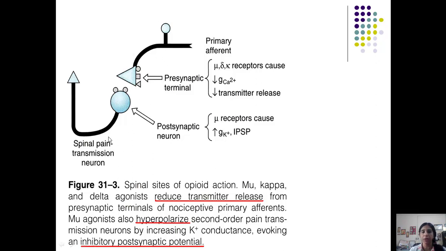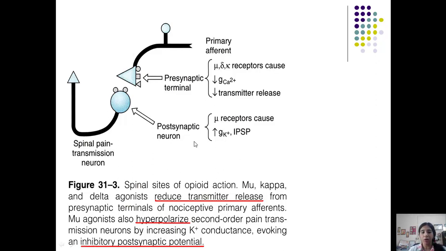This is the second order neuron, and these agonists decrease the release of the pain producing transmitters by coupling with Gi, decreasing the production of cyclic AMP, and that leads to inhibition of the calcium ions. So calcium cannot come in, and as a result, there is decreased neurotransmitter release.